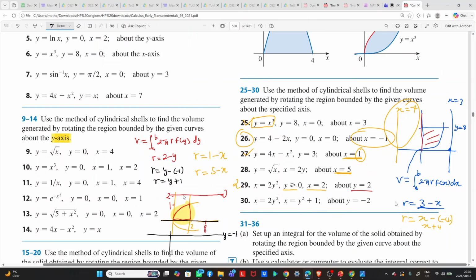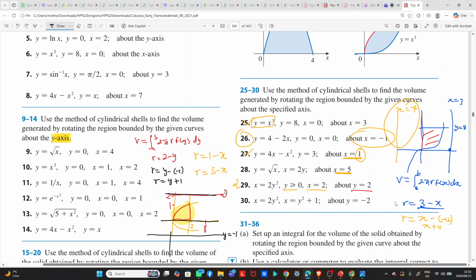When we shift, it's y minus something, y still has to be there, but it's not only y. So it's 2 minus y here, and y minus minus 1 if you are using this one. Those are the things that you have to understand about r.